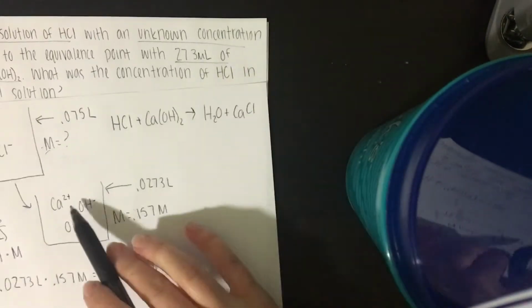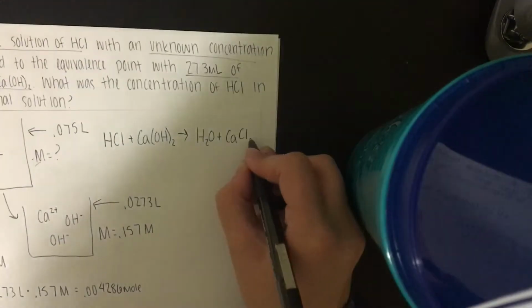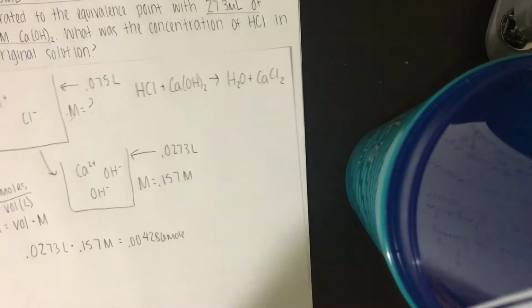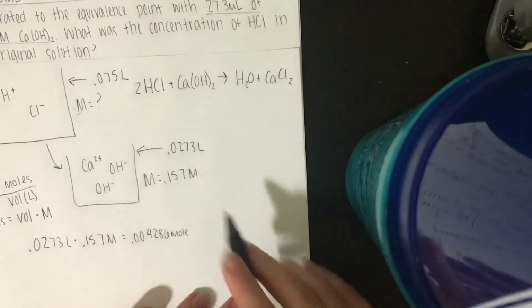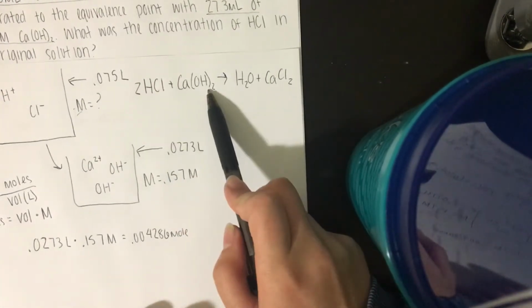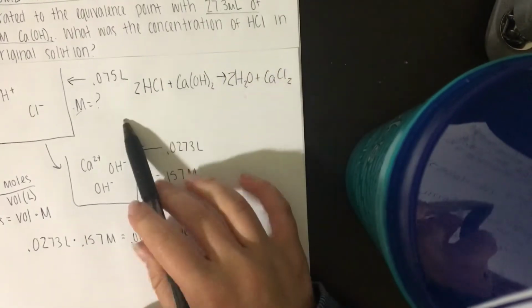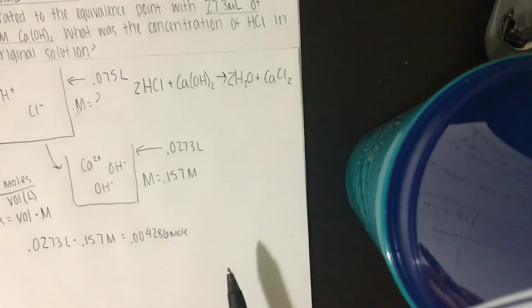Since calcium is 2 plus, there will be 2 chlorides on this molecule. Since we have 2 over here, we have to have 2 over here. Then we have 2 hydrogens here, but only 2 on this side, so we make this 2, so it'll be a total of 4 on both sides. Just to check, we have 2 oxygens and 2 oxygens.